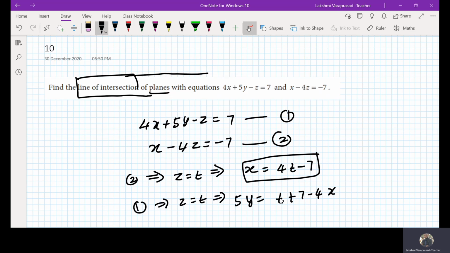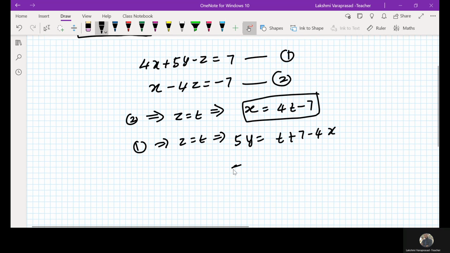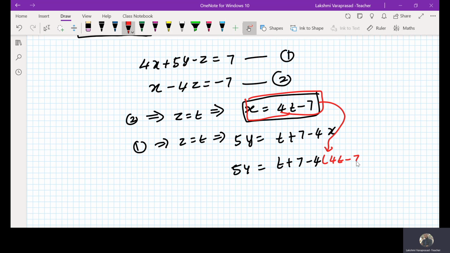Now I will replace x with the previous one, where x is equal to 4t minus 7.